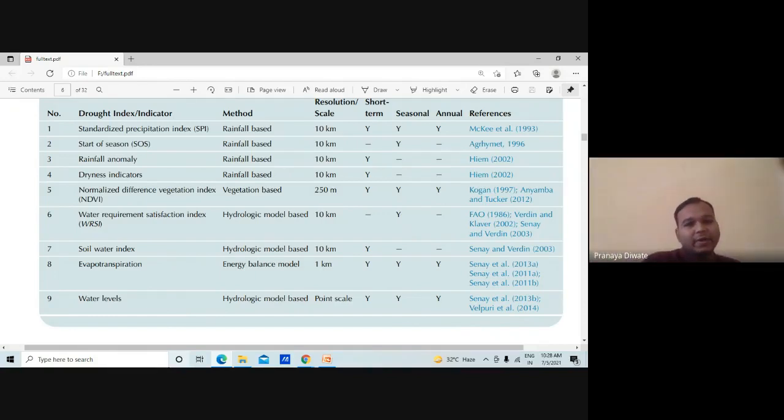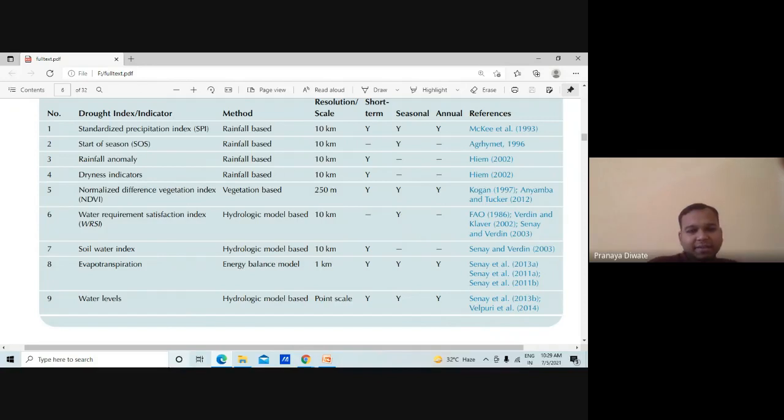Then rainfall anomalies. What are the rainfall anomalies? They mean what kind of changes, what kind of anomalous behavior the data can show in your rainfall pattern.